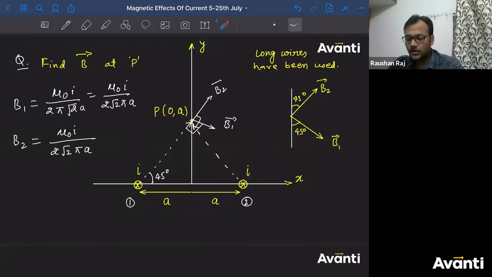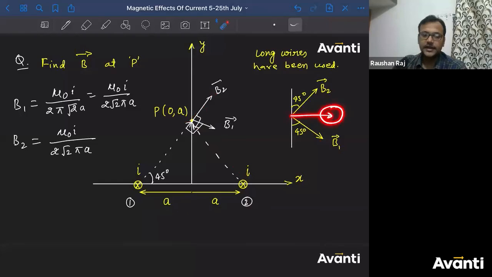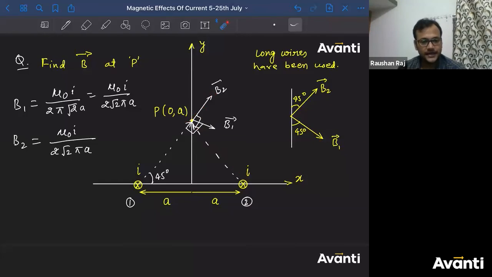Can I say their y components will get cancelled? The y component of B2 and the y component of B1 have the same magnitude, but they are in opposite directions, so they'll cancel. Their x components will get added. Or you can directly say there are two vectors and the angle between them is 90 degree.